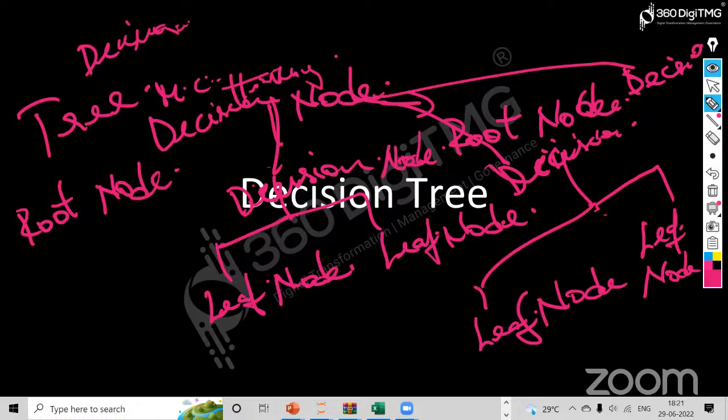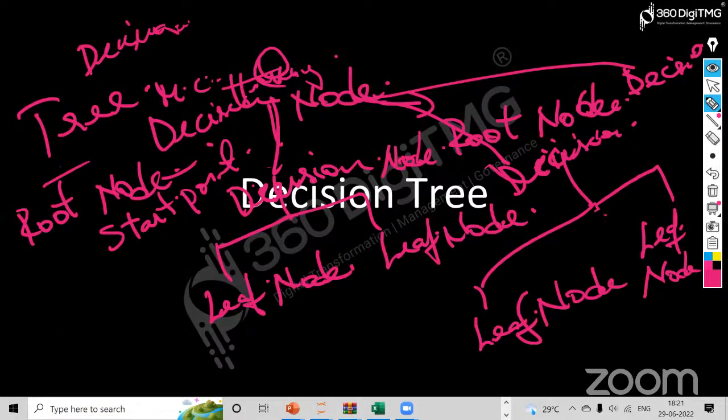Root node is the start point where it all started, right? This is a root node.